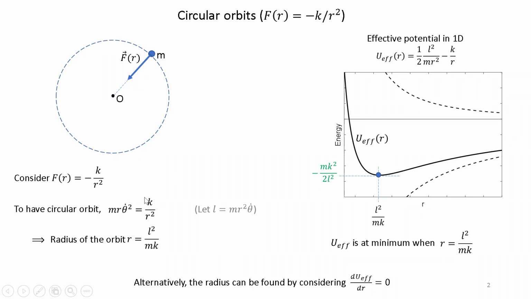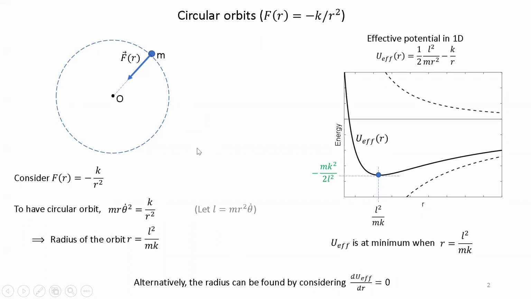I'm letting the angular momentum of the system be L. When I set up the problem, let's say I have already given you the initial angular momentum L, so I should treat this L as a constant. Then you know that the radius of your circular orbit is given by L squared divided by mk. This is something we have seen before.